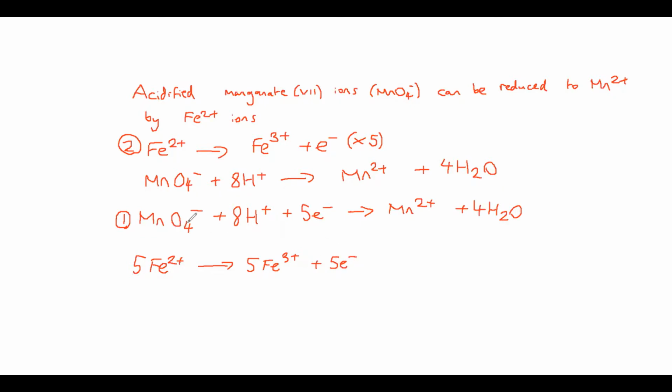All we have to do is write our reactants and our products on the same side as we did before, cancel out anything we can, then we'll have our overall equation.